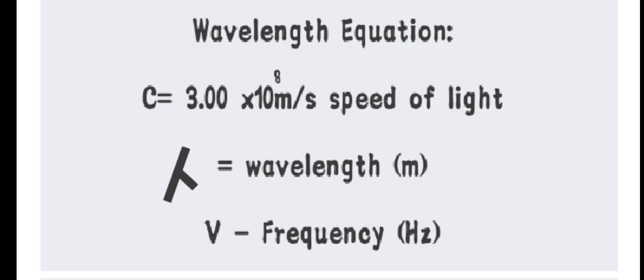So this is the wavelength equation. The c there is the speed of light, which is equivalent to 3.00 times 10 to the power of 8 meters per second. The lambda is called the wavelength.